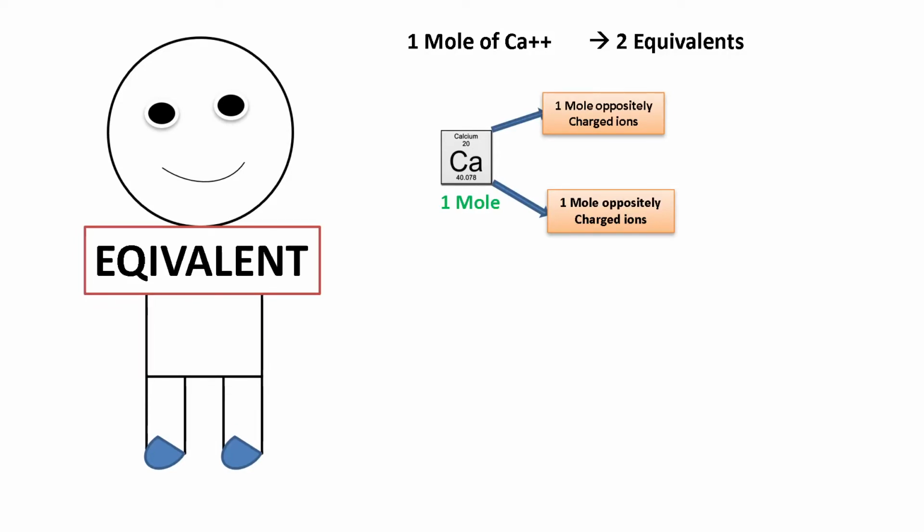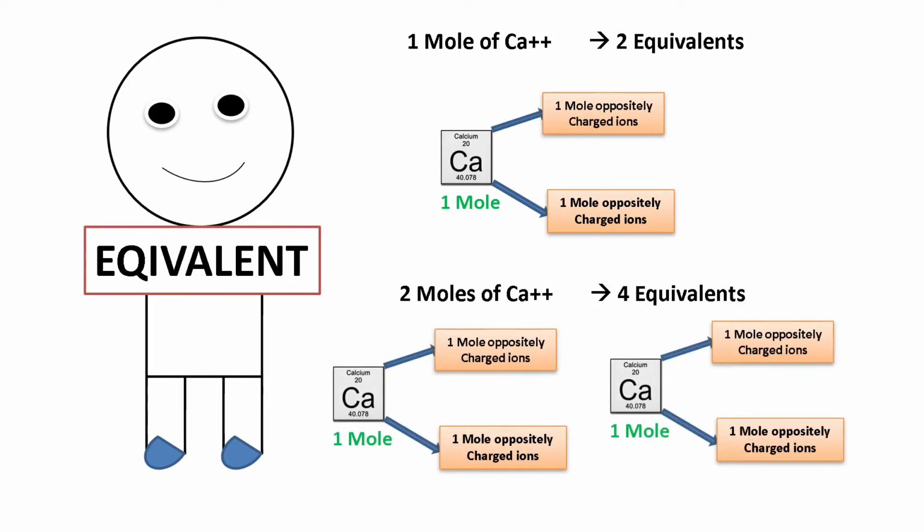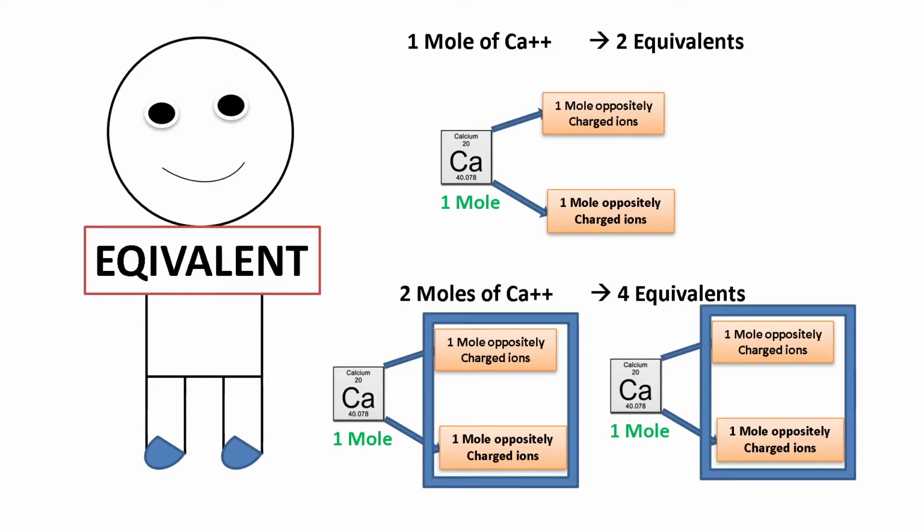It means 1 mole of calcium will require 2 moles of oppositely charged ions. 2 moles of calcium will be 4 equivalents, because 1 mole of calcium will require 2 moles of oppositely charged ions, and another mole of calcium will require 2 moles of oppositely charged ions. So, it is 4 equivalents.